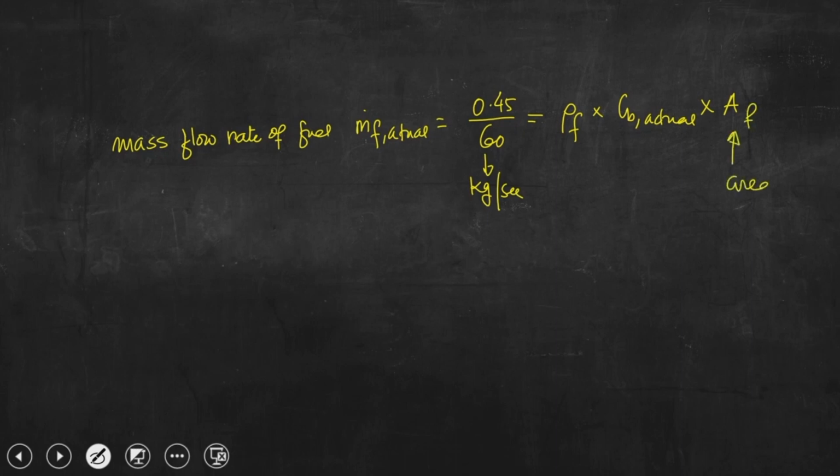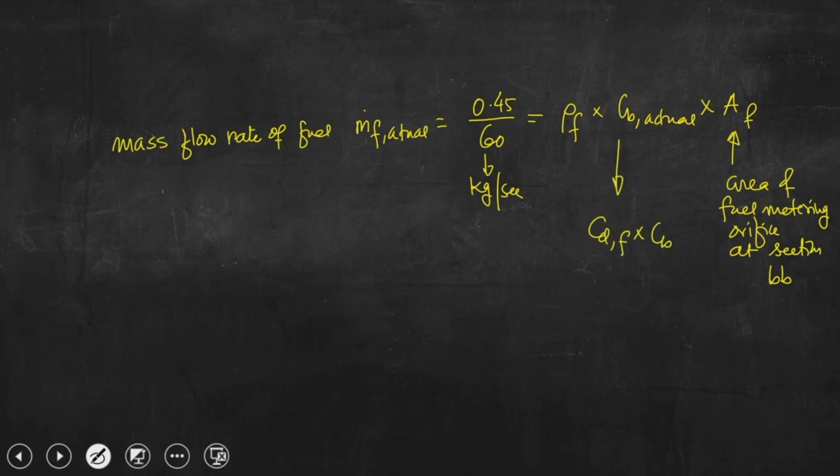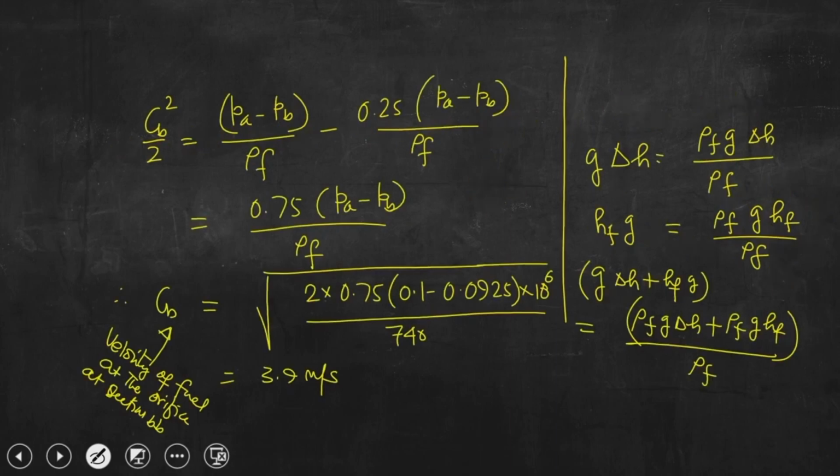So, this is the area of the fuel metering orifice at section BB. Now this is actual velocity, again let me tell you. So, this is what we can write. So, this would be equal to CDF into Cv ideal.